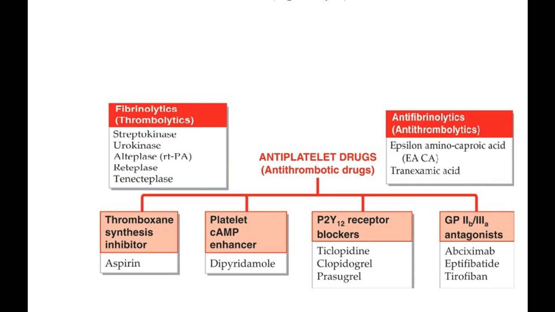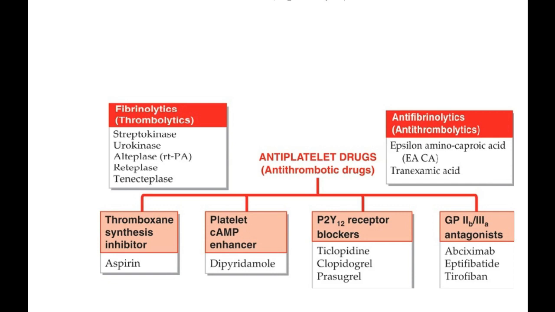And the thrombolytics, which we also discussed, are shown in this table as streptokinase and urokinase, and the drugs which act against the thrombolytics are called anti-thrombolytics, and they are also shown over here.